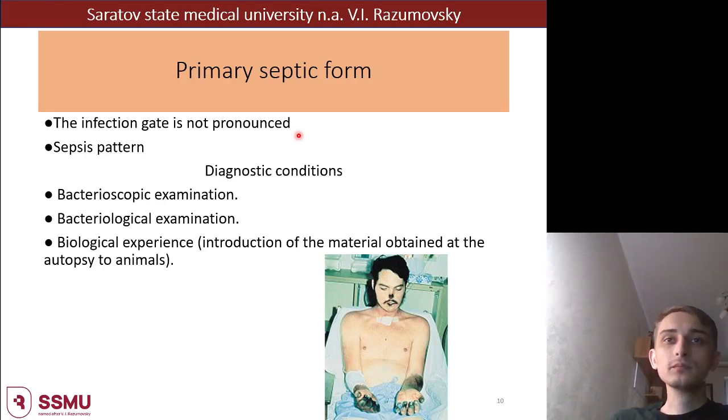And if you see a patient with sepsis, it's really necessary to do bacterioscopic and bacteriological examination, especially if you couldn't see the infection gate, because in the case of plague sepsis we couldn't see gates of infection, and that's why it's really difficult to diagnose it, and it may lead to really dangerous problems in an epidemic situation.